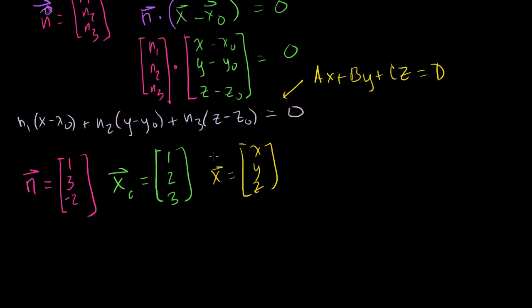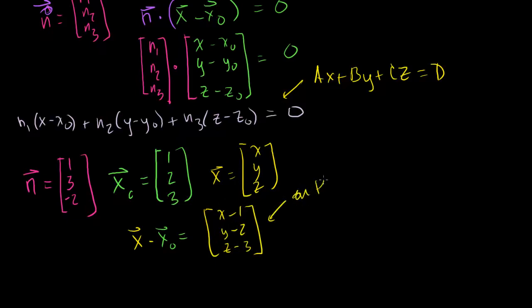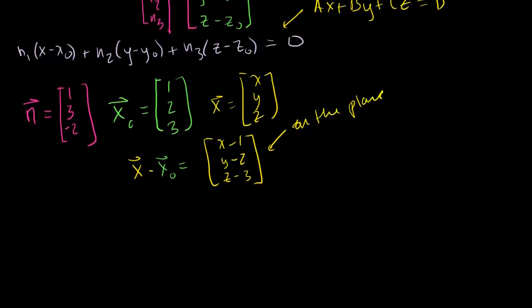So let me take the difference: x minus x naught is equal to x minus 1, y minus 2, and then z minus 3. I'm saying this will lie on the plane, and it's going to be perpendicular to our normal vector.